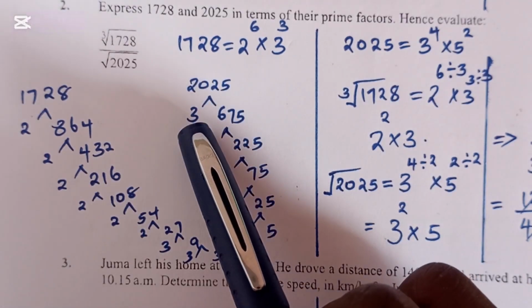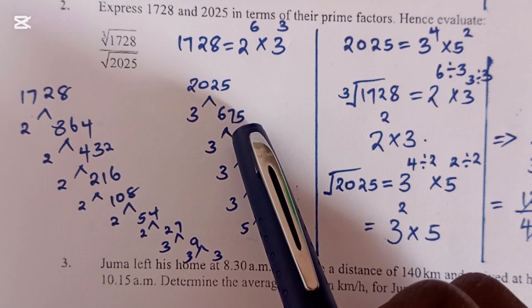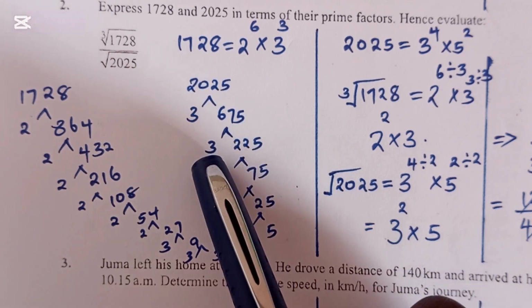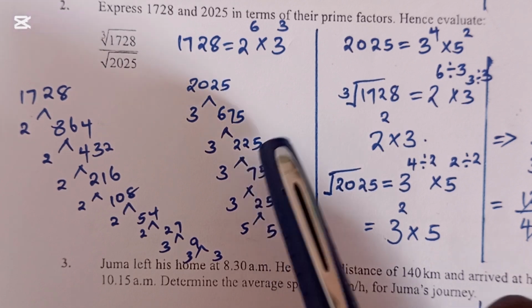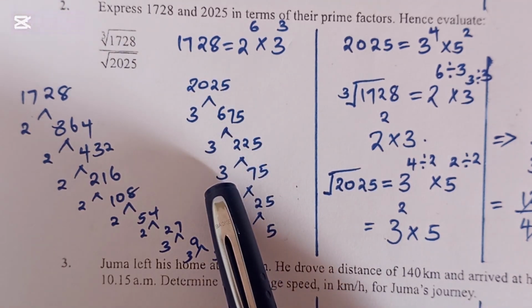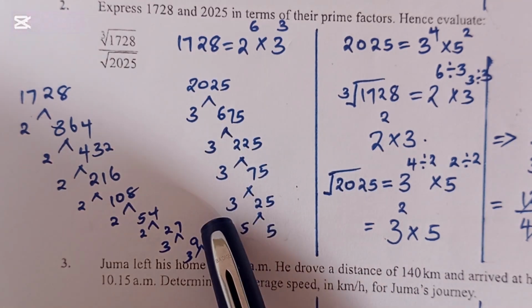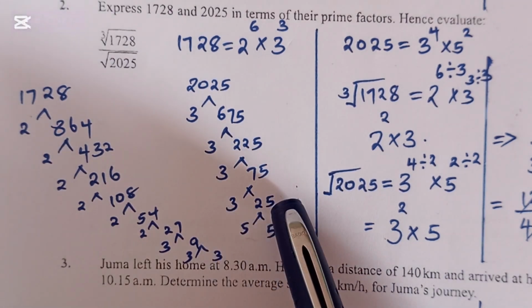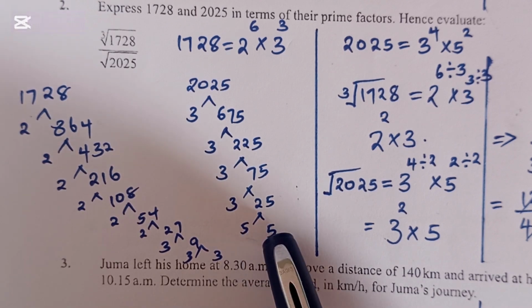Now 2025 is an odd number, and the smallest number which can divide 2025 is 3. If we divide 2025 by 3, we end up with 675. 675 can also be divided by 3, we end up with 225. 225 divided by 3 gives 75. 75 divided by 3 gives 25, and 25 can be divided by 5 to get 5.